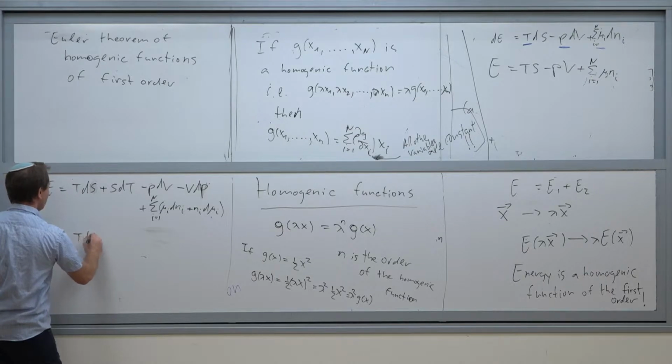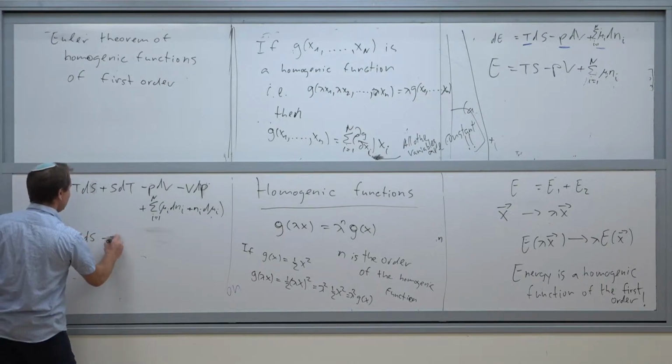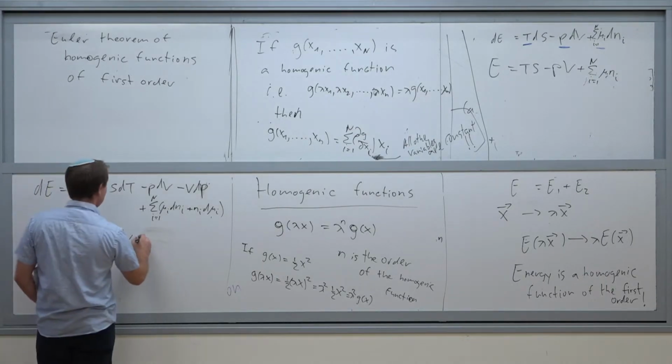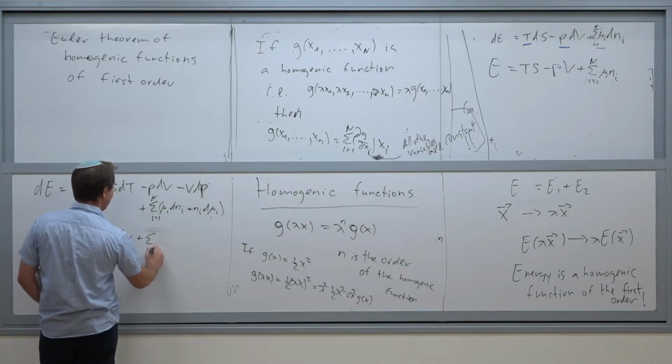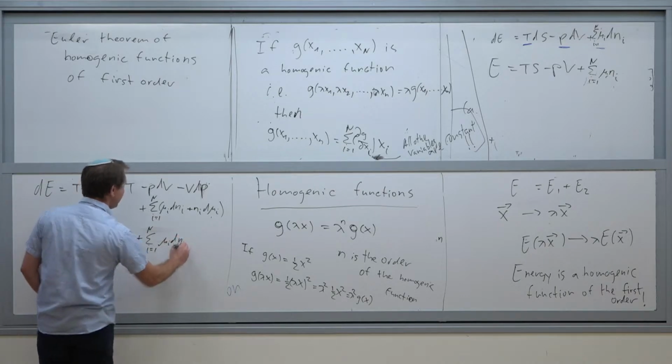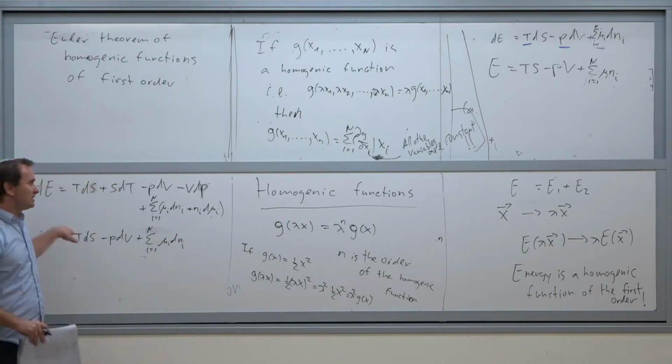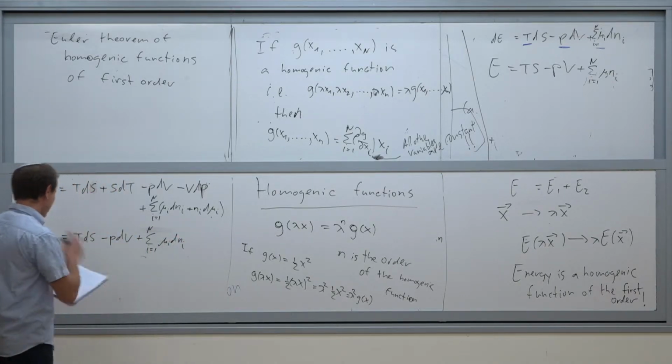It's equal to TdS minus PdV plus a sum of i from 1 till n of mu i dNi. We cancel a lot of stuff out, right?